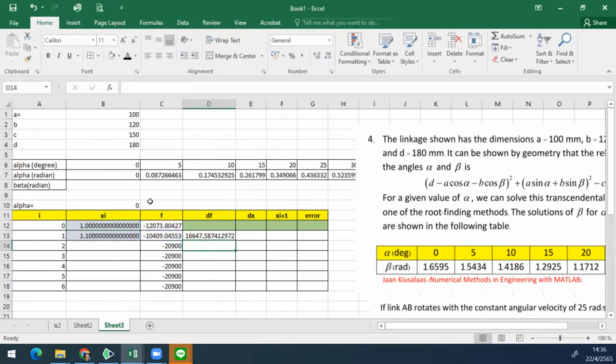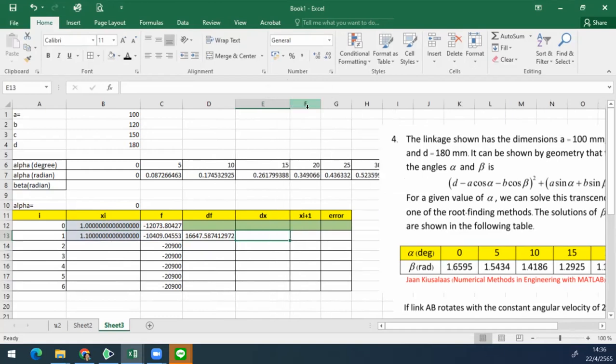Okay, we have this, and also for the x, the Newton-Raphson formula is what? In the case of Newton's, x i plus 1 equals x i minus f of x divided by f prime of x, right?